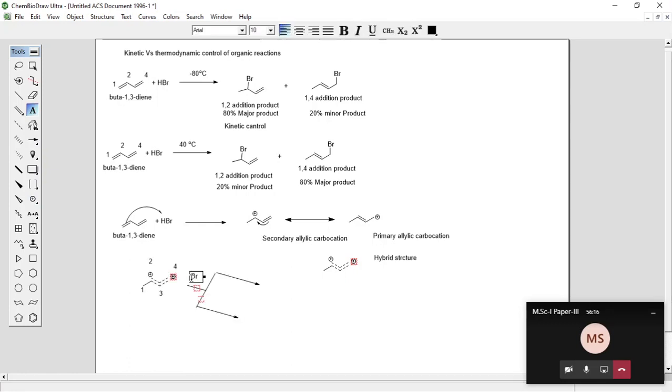This Br minus can attack carbon number 2 as well as carbon number 4, and you are getting 1,2 as well as 1,4 addition products.